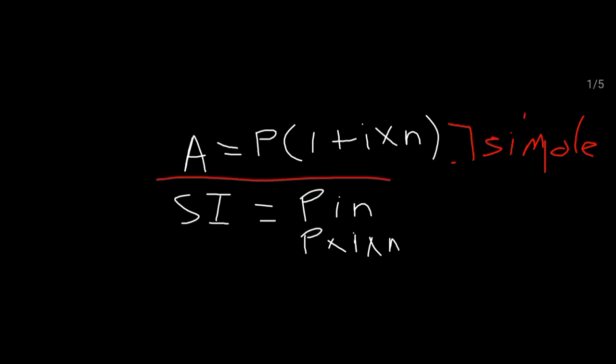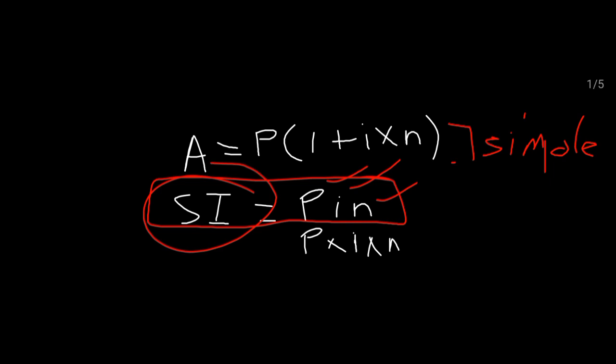So this formula is what we use when we are looking for the interest amount. As you can see, there is no A, the accumulated amount, here. So in SI equals P I N, you already know P stands for the principal amount or the first amount. The I stands for the interest rate. The N stands for the period.